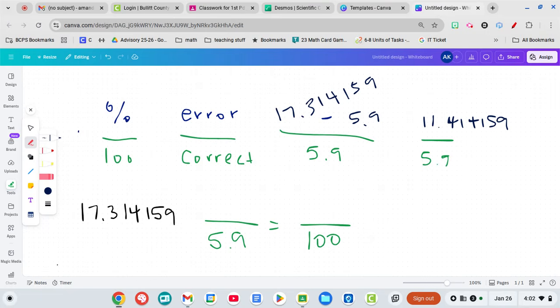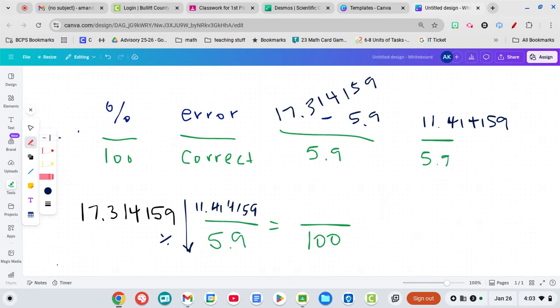You'll note I'm getting some pretty lengthy numbers. I'm not going to round until I get to the very last step. So the amount of error was 11.414159. I'm going to put that on top of my fraction. And now I'm going to do the same thing as before. I'm going to divide to figure out the relationship between the top number and the bottom number.